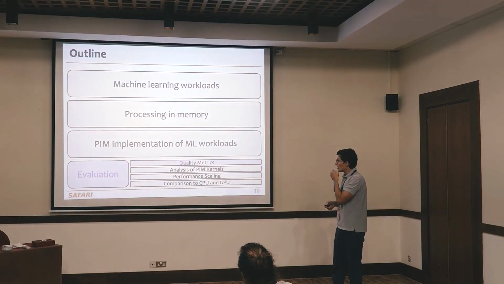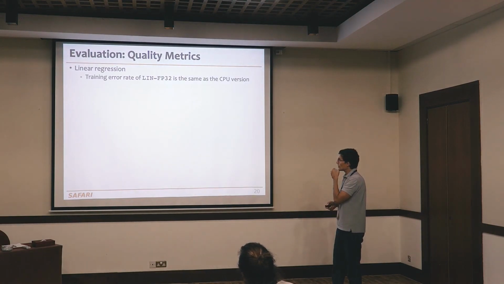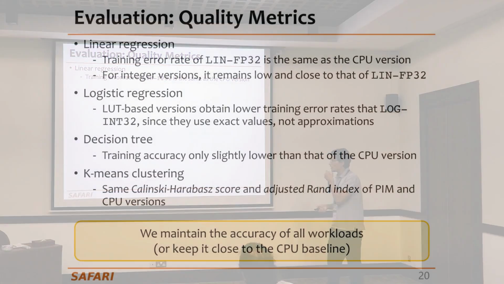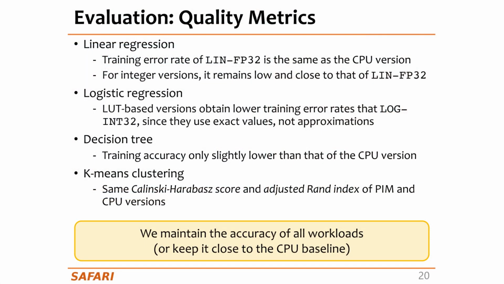Okay, so with respect to the quality metrics, for linear regression, the version that uses real values has the same training error rate as the CPU version. For the integer versions, we see that the error rate increases, as we could expect, but it still remains low and close to the version that uses real numbers.